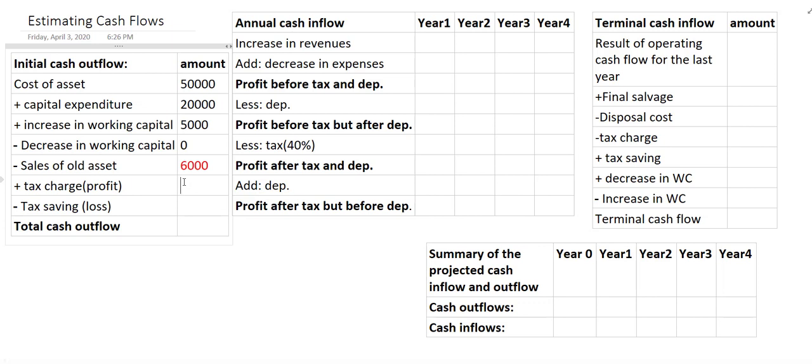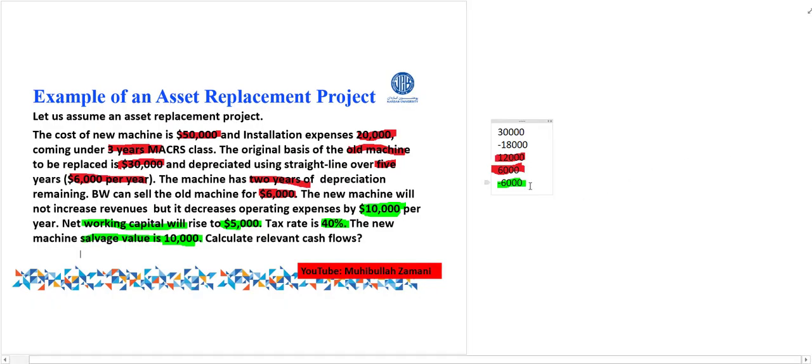But if you suffered a loss, the government will repay you. We know this from financial management. In this example there is no profit, so the profit column becomes 0, but in this column we have to mention some amount. We suffered a loss of 6,000.